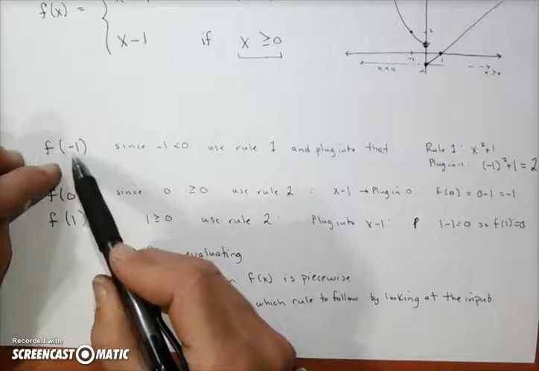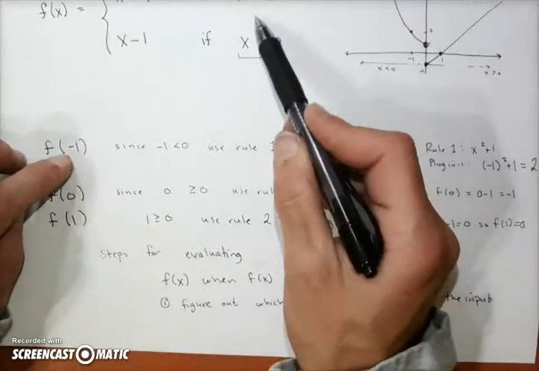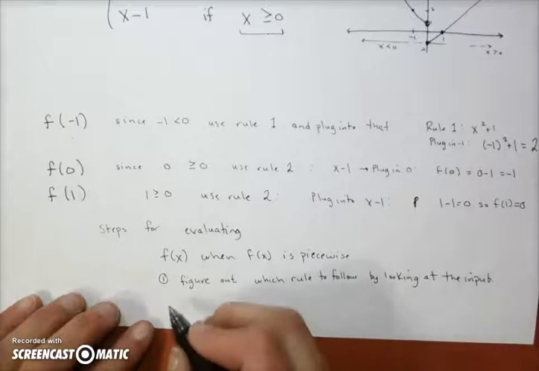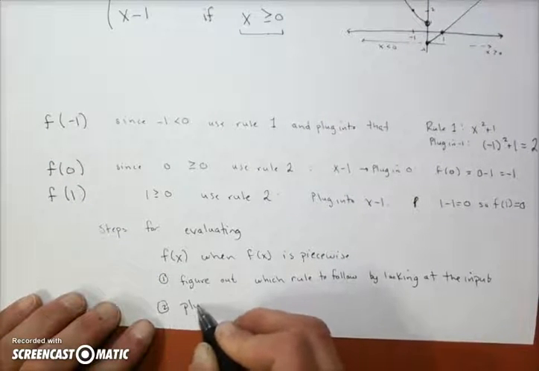So this is the input, it's negative 1, that was less than 0, so we knew to follow rule 1. And step 2 is plug into that rule.